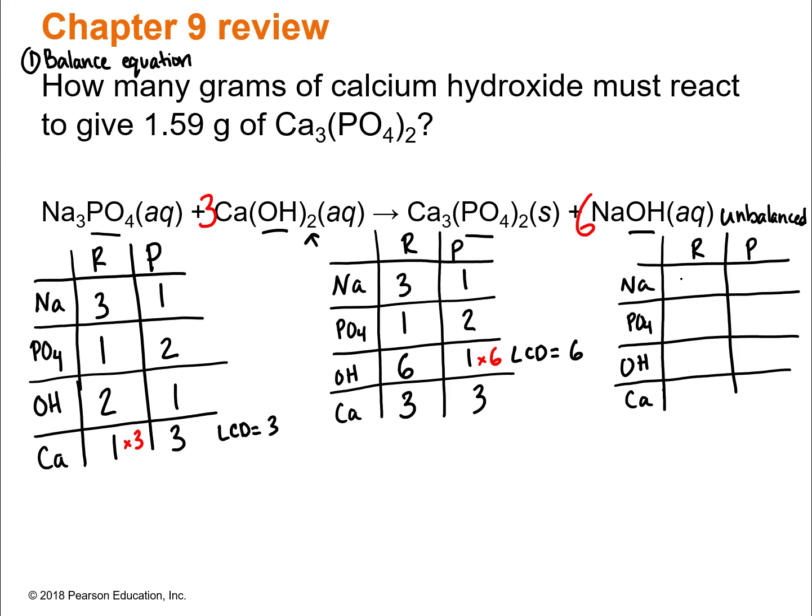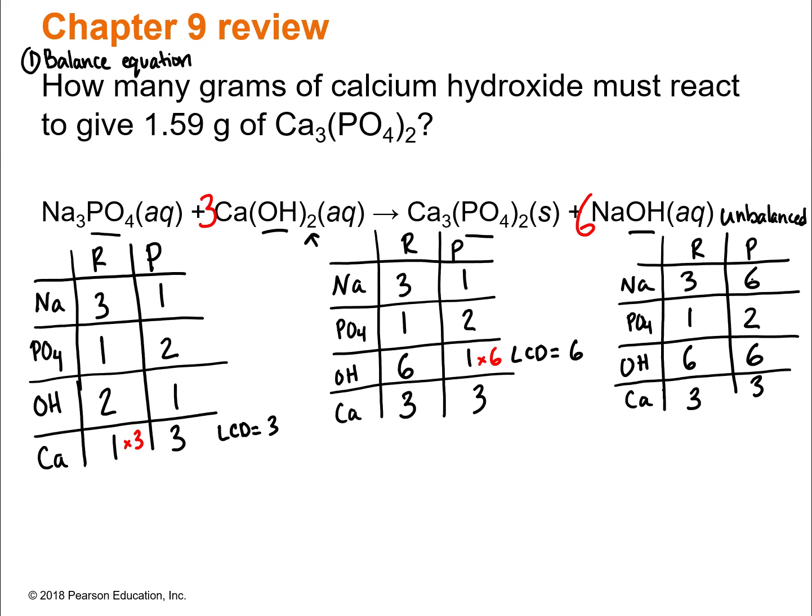So after this time, we haven't changed anything on the reactant side, but we did change the product side. We've got 6 sodiums now, along with 6 hydroxides. We've got 3 calciums and 2 phosphates.